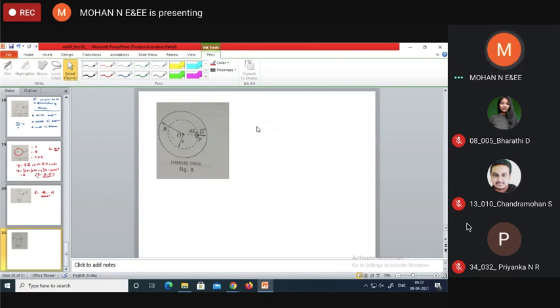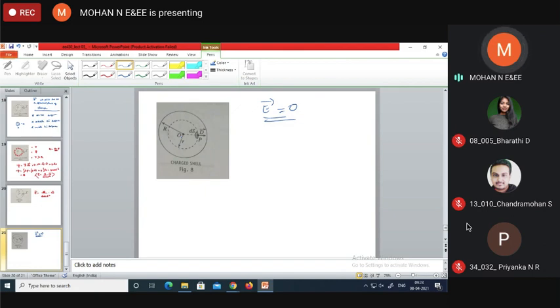Charges outside the shell will not affect the flux lines. Clear? So as a result, the field will be what? Zero inside the shell. The charges outside the shell will not have any effect on the field.